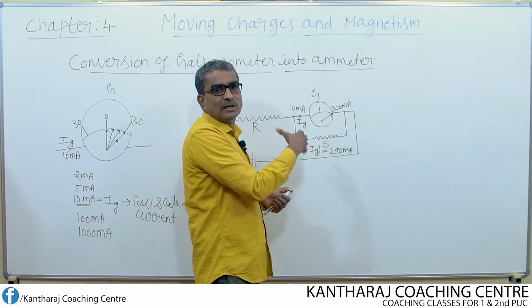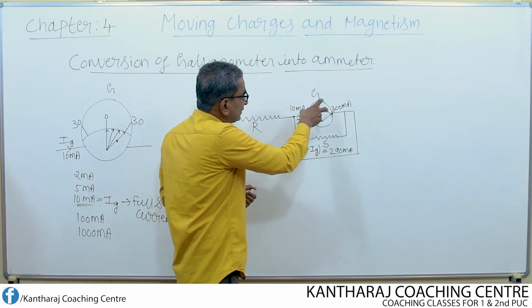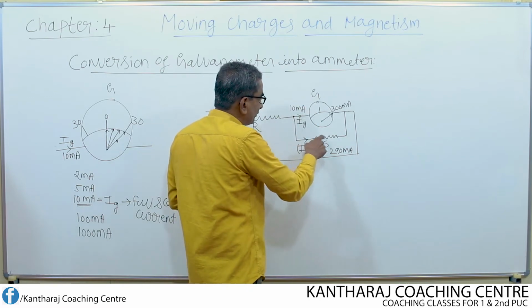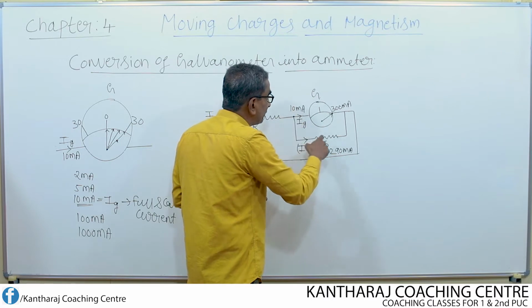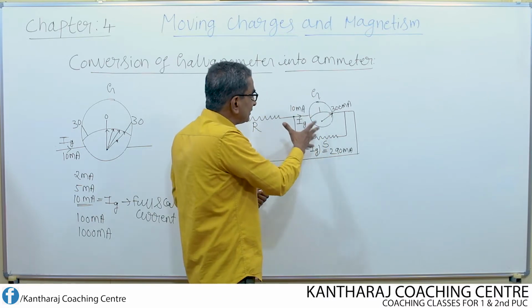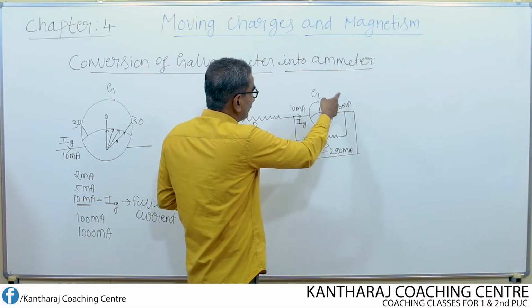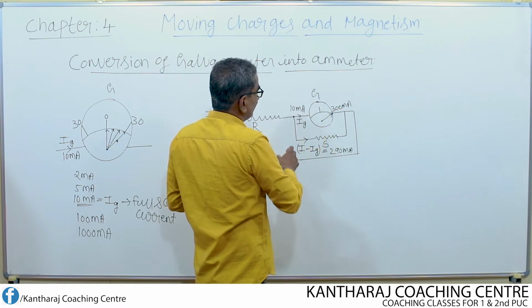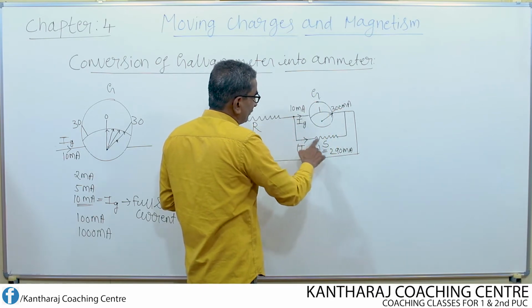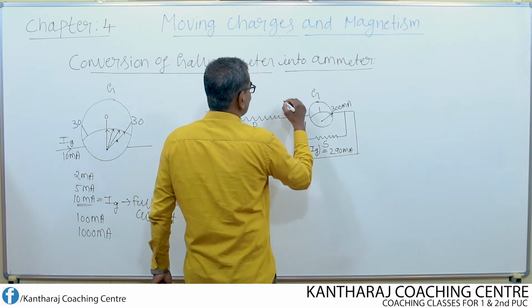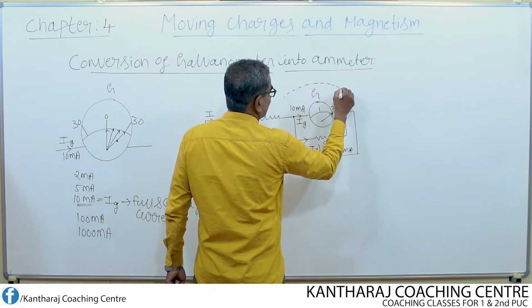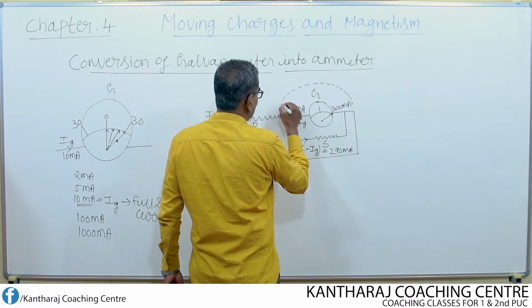How did we modify this? How did we alter this? We altered this galvanometer in such a way that we connected one low resistance known as shunt resistance. We connected this in parallel. When we connect this in parallel, the whole combination, that means the galvanometer along with the shunt resistance, will act as an ammeter. Let us represent this inside a dotted mark.